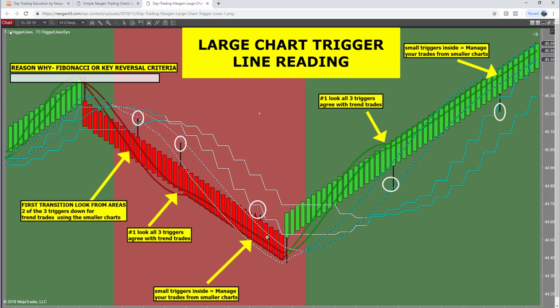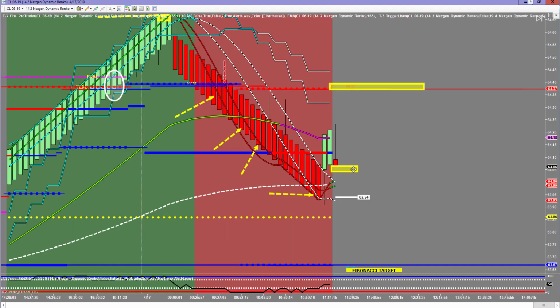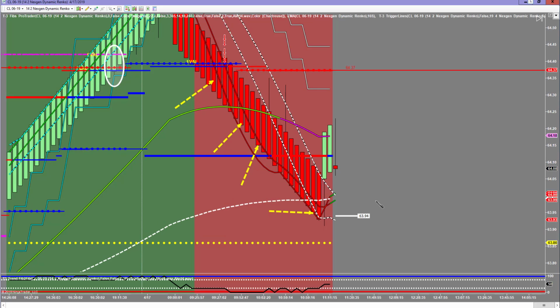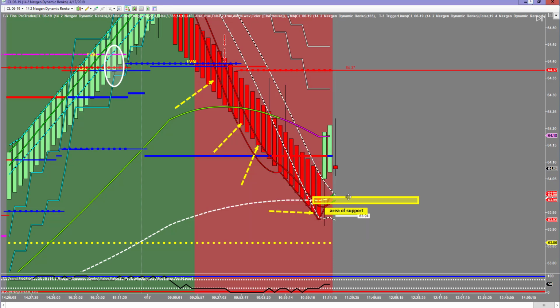So when your triggers transition, and again, this transition happens when you get a big gap. So I want you to see something. Let's call this an area, okay? We'll call it area of support that caused the market to bounce and caused the triggers to start to roll.